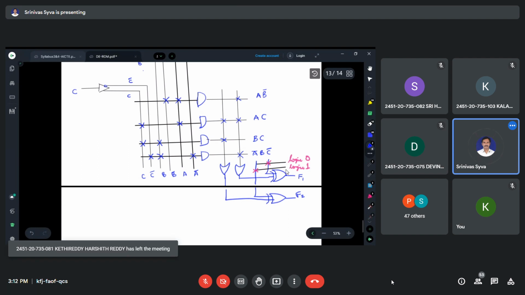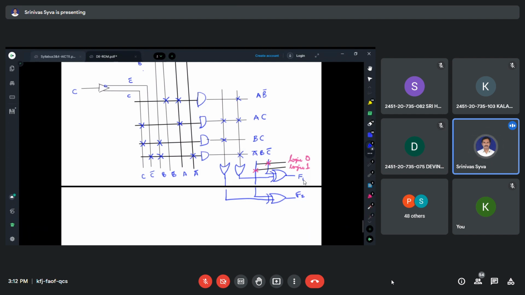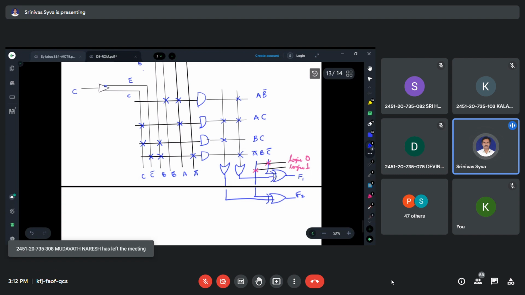See, one of the inputs of the exclusive OR gate is connected to logic 0 here. That means here this F1 is appearing in the normal form.